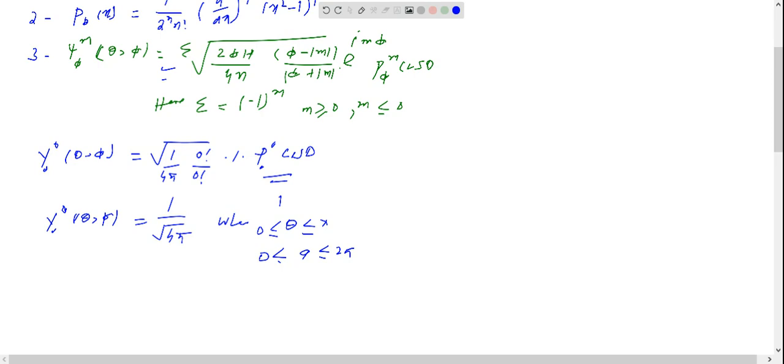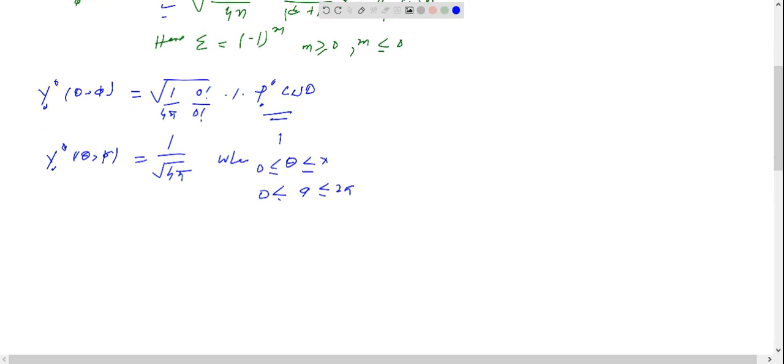and the other function, which is Y2^1(theta, phi), is equal to minus 1 and root of 5 out of 4 pi, 1 factorial out of 3 factorial, e^(i phi) P_2^1(cos theta).